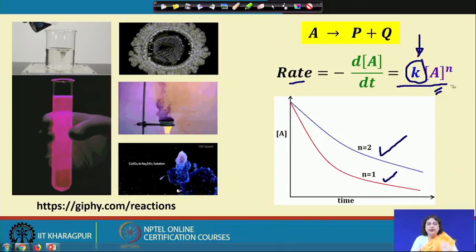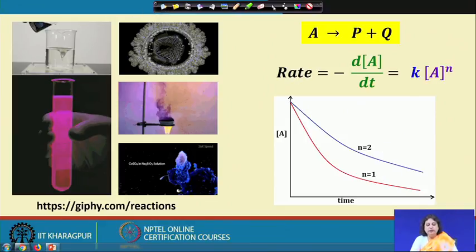Concentration of A is something like moles per liter, which once again is a macroscopic concentration. Therefore, k is also a macroscopic quantity, and we are set to find out a microscopic interpretation of that.